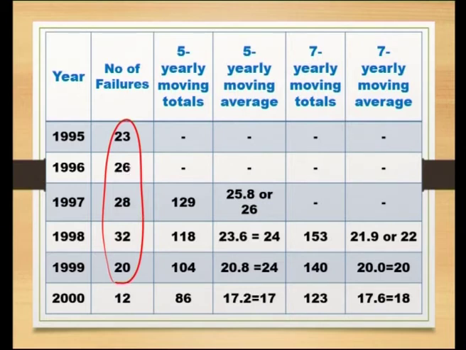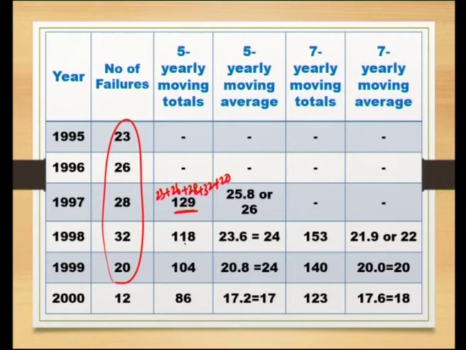The middle of the first 5 values is 28, corresponding to the year 1997, and here it is written.